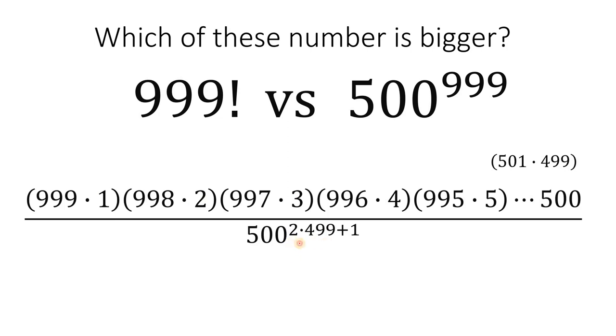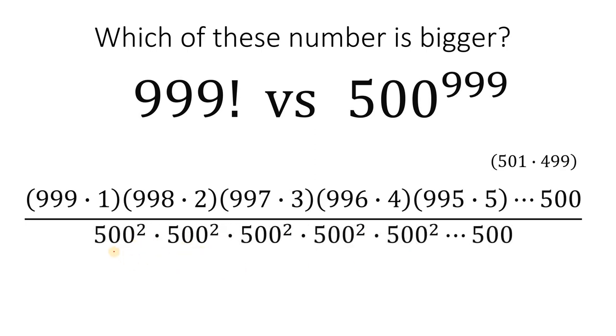This can also be written as 500 raised to 2, 499 times, then multiplied by a single 500. It also follows that we have 500 multipliers in our denominator.